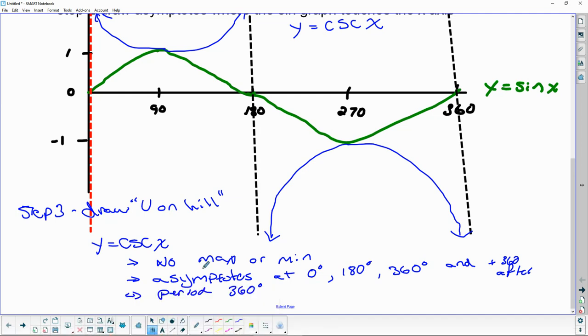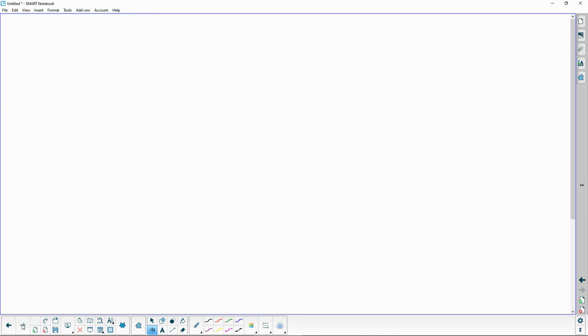The second thing we're going to look at is the same thing with the secant graph. The secant graph is related to cosine, so let's do that one on the second page. Same process for the secant graph: we're going to do y equals secant x, with the same three steps.